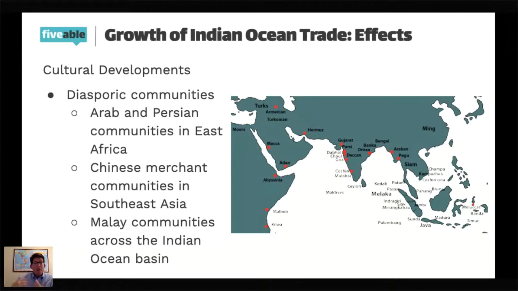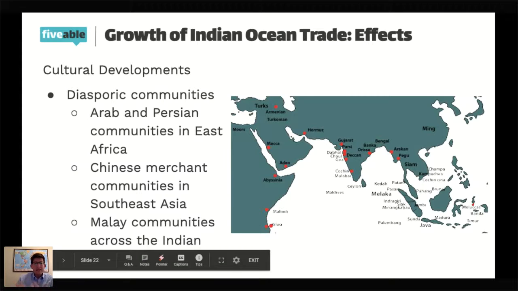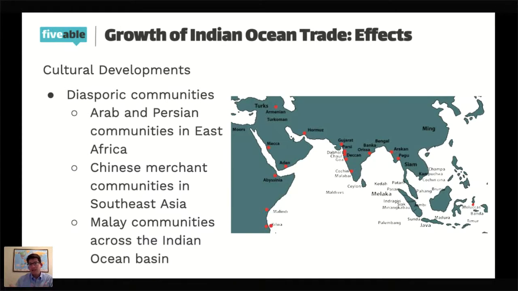For example, Arab and Persian communities pop up in East Africa. Arabs and Persians, being from the Arabian Peninsula and what is modern Iran, were frequently trading in East Africa. And so it made sense for many people perhaps to stay and take up residence there and form a trade connection with their homeland. And so that becomes a unique feature of the Indian Ocean.